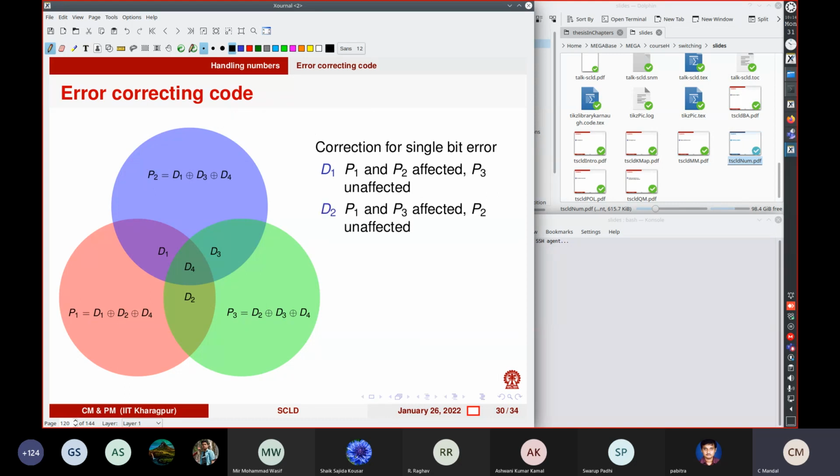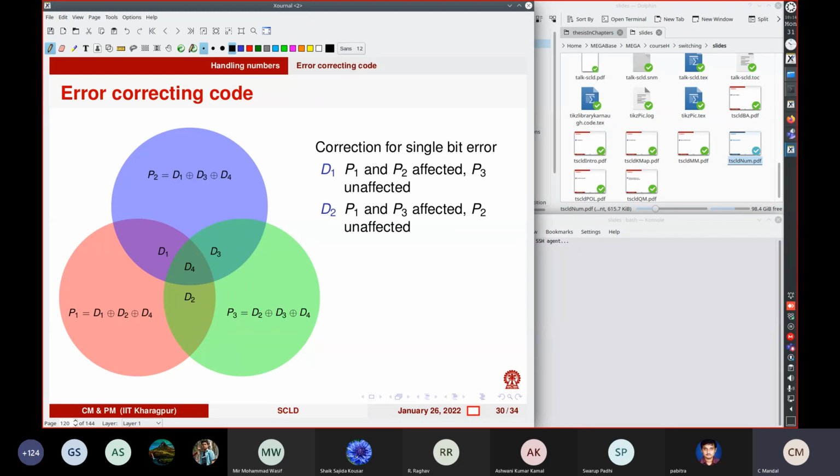Like that, you have D2. P1 and P3 depend on D2, not P2. By the same argument, if only P1 and P2 are affected, then you know it's D1.